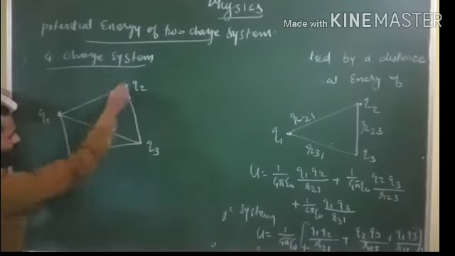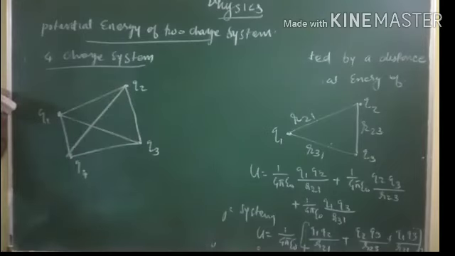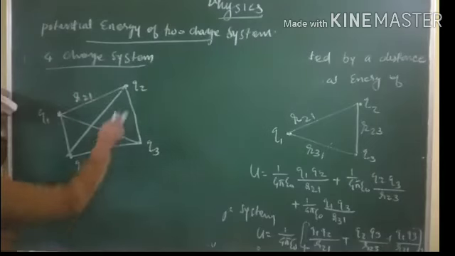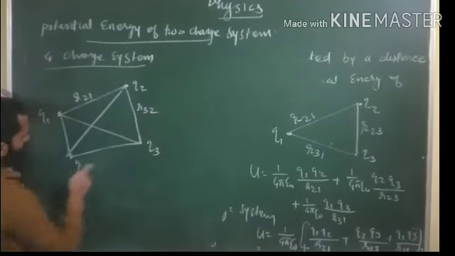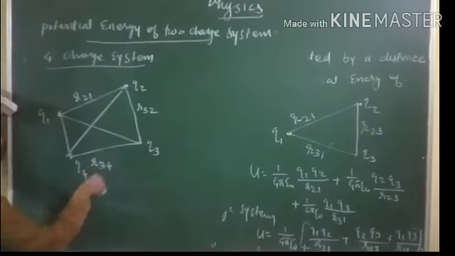Now two diagonals will be drawn. See, this distance we can mark R21. This is R32, and here is R34. Then here we can take R41.